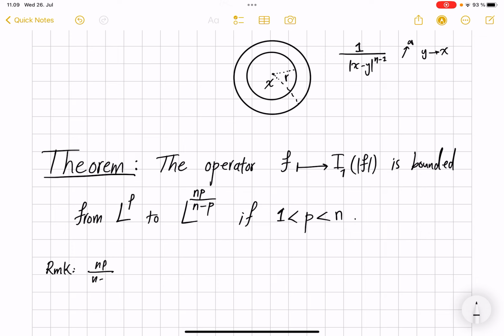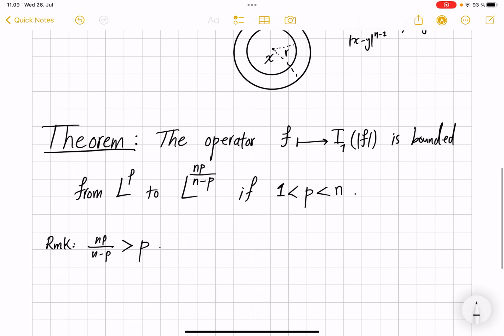So the remark is that np over n minus p is often bigger than p. And notice that if p is closer to n, this is almost infinity, so you almost get a bounded function. So there's an even stronger boundedness compared to LP to LP.